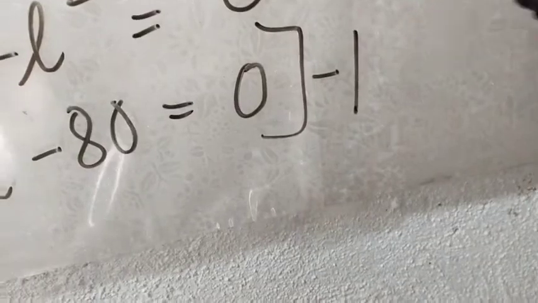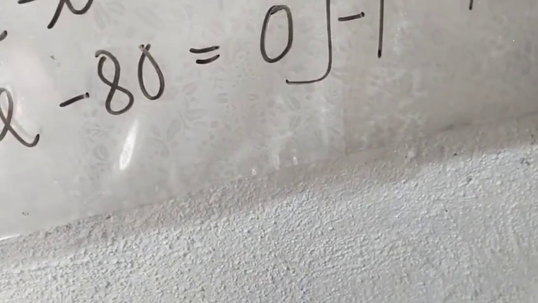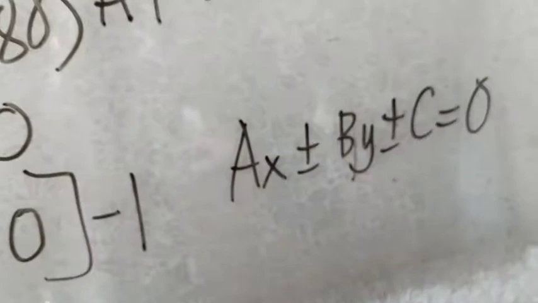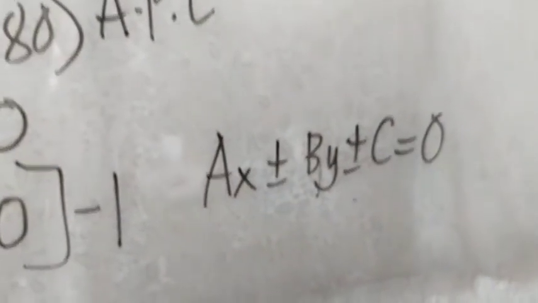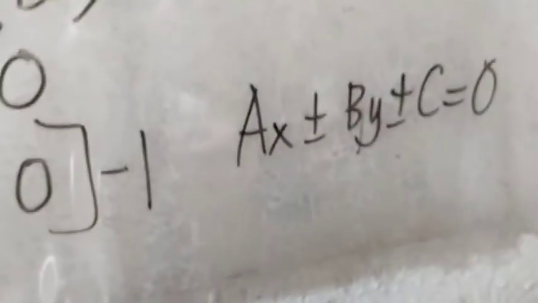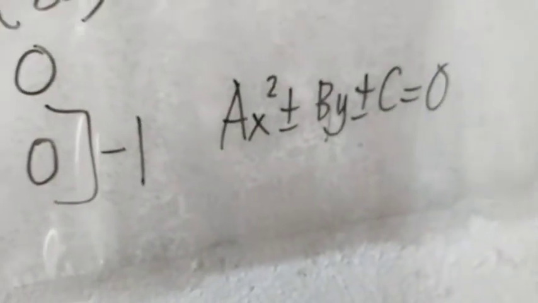Kailangan ng ating quadratic equation ay AX plus minus BY plus minus C is equal to 0. Kailangan ganyan yung equation natin. Since quadratic, dapat ang x natin ay naka-square. Ganyan dapat ang format natin.